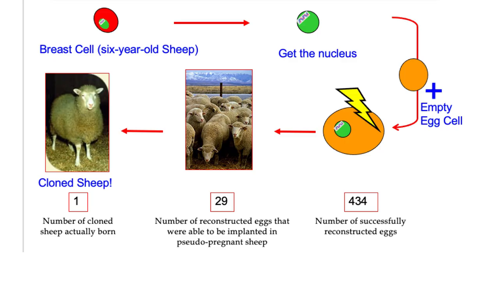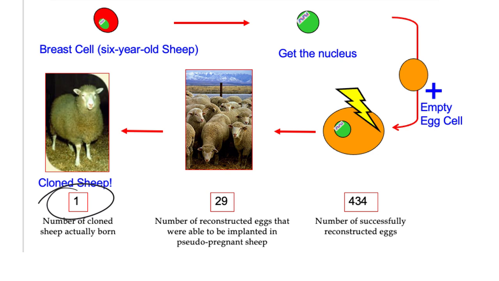So this shows the huge odds that you're up against and the number of embryos that you allow to die along the way to produce one successful cloned sheep.